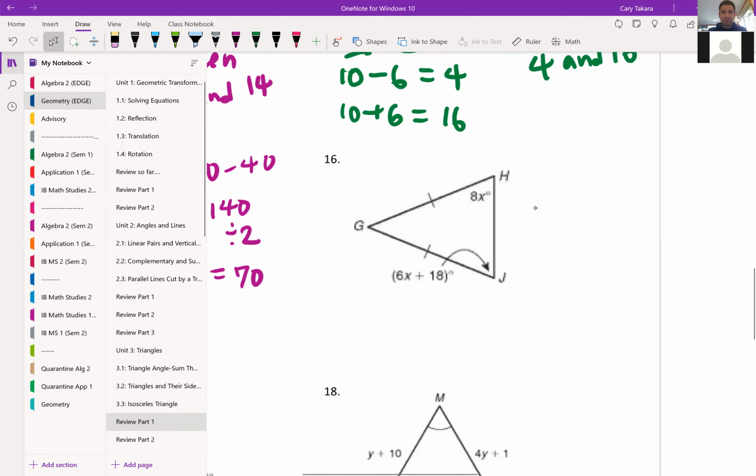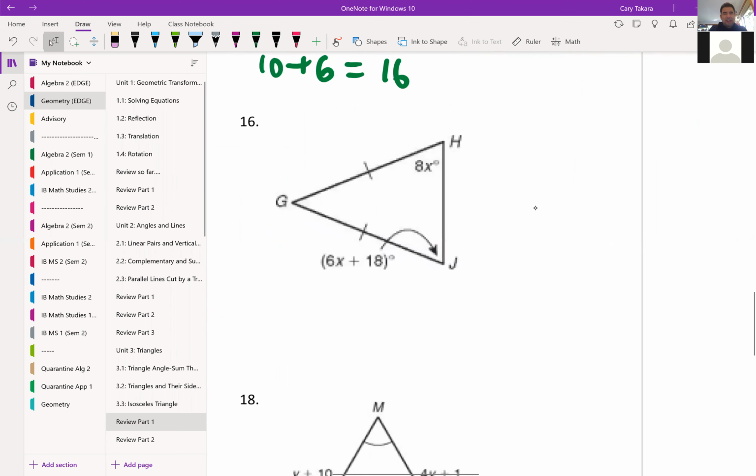So let's work on number 16. The other topic that we covered in this unit is on isosceles triangles and equilateral triangles. Okay, this one is definitely an isosceles triangle because these two sides are equal.